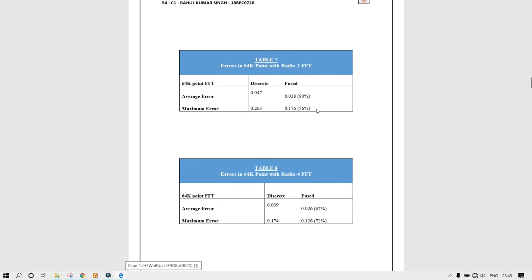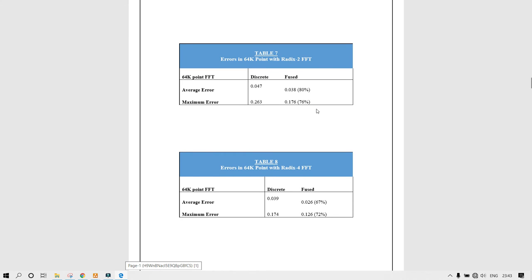Further, table 7 and table 8 show errors in 64 point radix 2 and radix 4 FFT respectively.